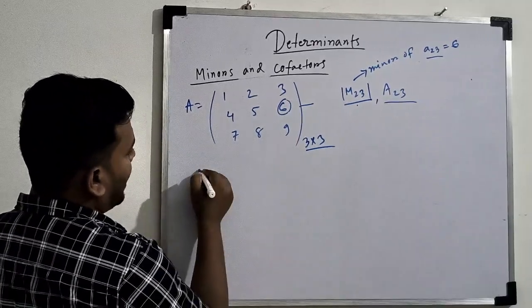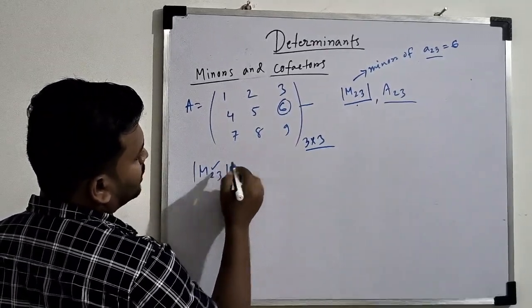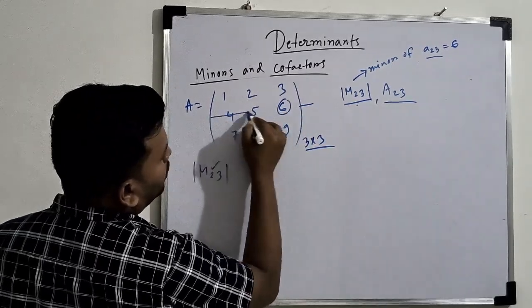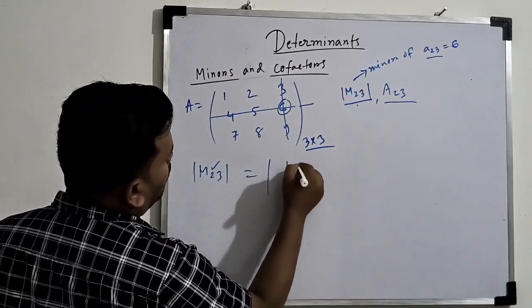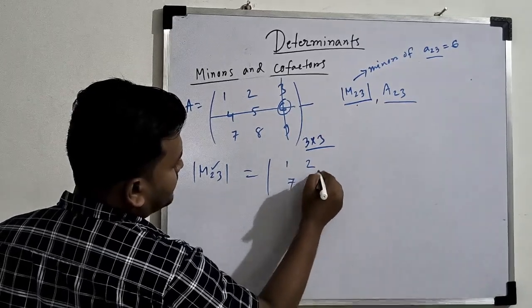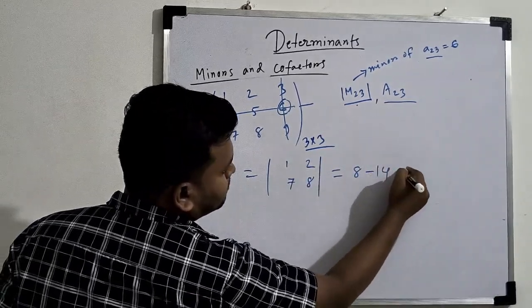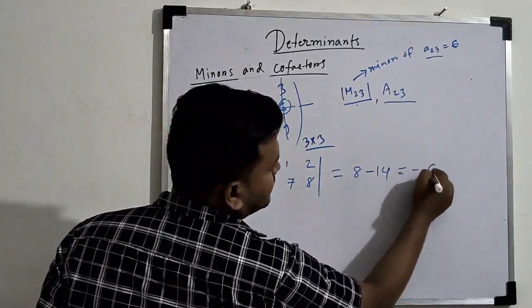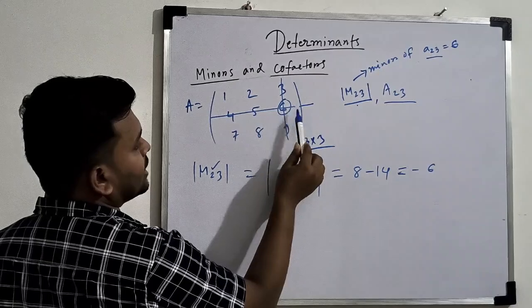So to find M23, we have to delete the second row and third column. So we get the elements 1 2 7 8. And if you find the determinant, 8 minus 14 equals minus 6, so minus 6 is the minor corresponding to this element.